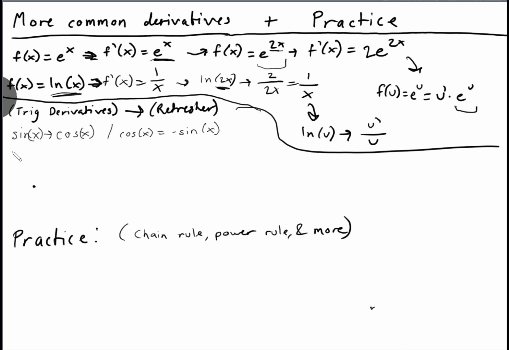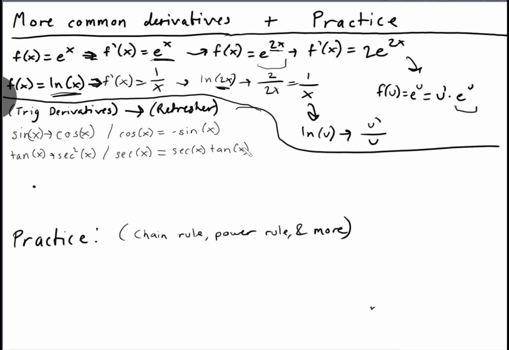So tangent of x is going to get us secant squared of x, or secant of x squared. Secant of x gets us secant x tangent x. And just like we had cosine and secant, we'll have cosecant and cotangent.